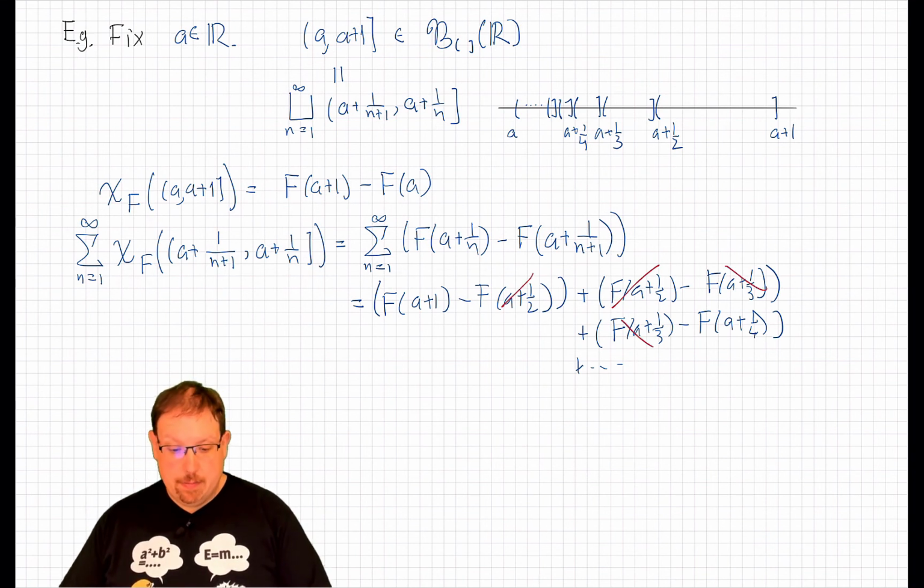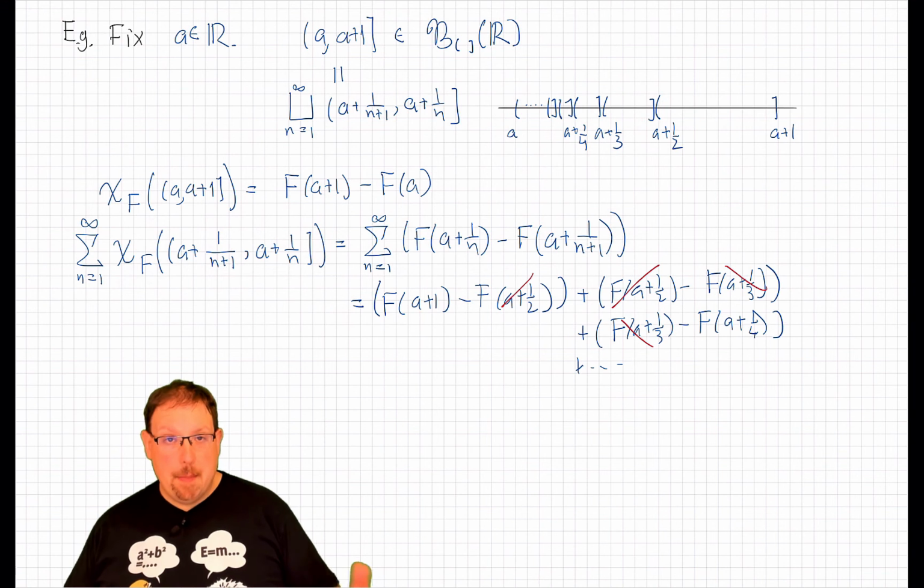But how many? Well, as many as we'd like, decomposing it in terms of the first m terms in the sum and still having a tail.